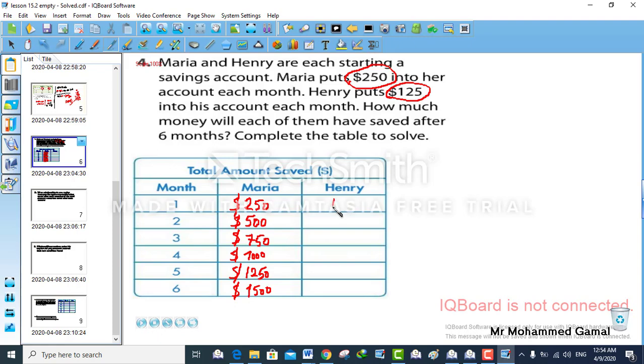For Henry, it's going to start from $125. For each month, I'm going to add the same number, which is 125. So it's going to be $250.